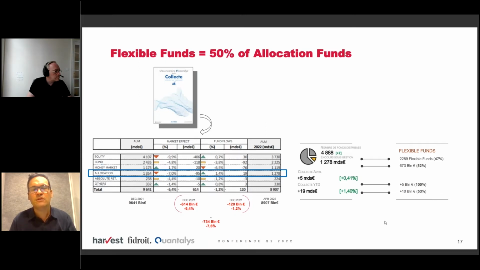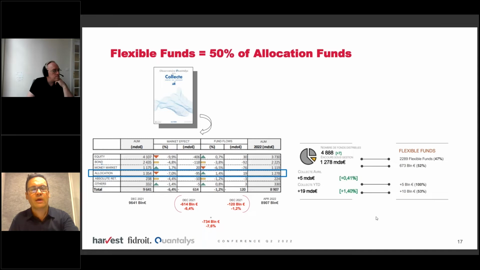It's 15% of the industry globally in Europe, and as you can see, very resilient and very stable in terms of net inflows, because in April, or year to date in 2022, the flows are still positive, which is not the case for the industry globally.